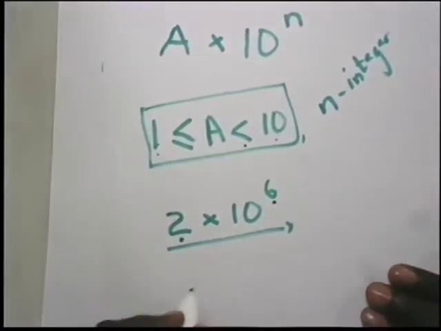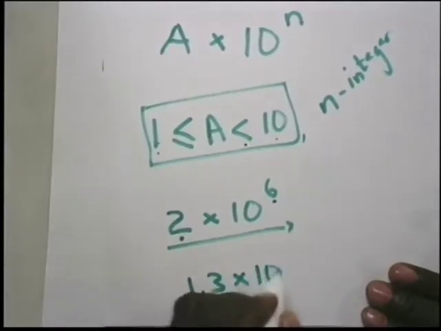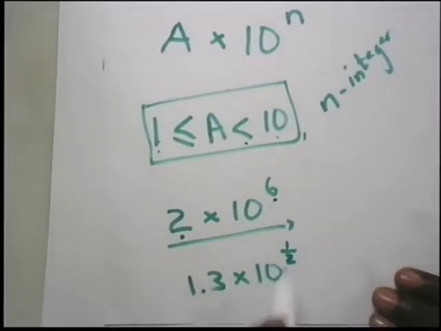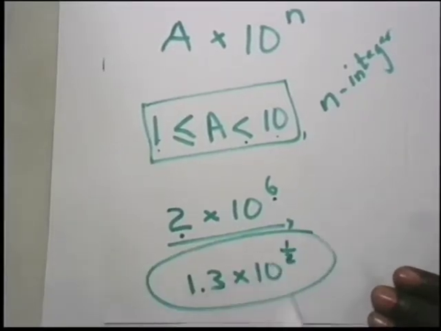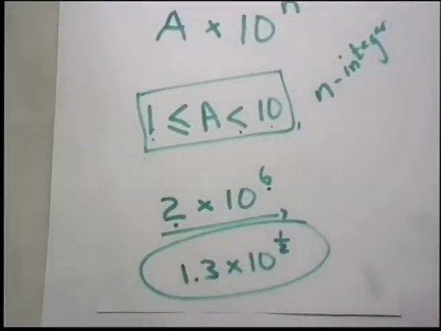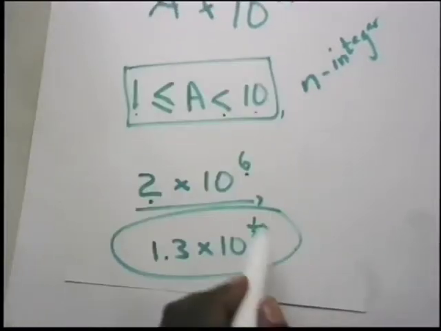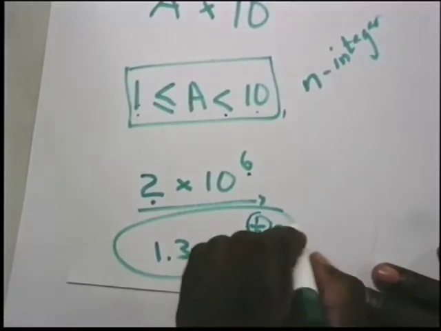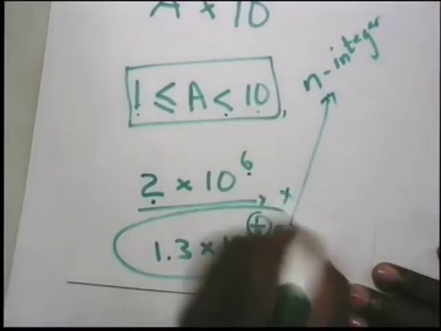If we look at, let's say, if I have 1.3 times 10 to the power of 1 over 2, this here that I just wrote is not correctly written in standard form, because this here is not an integer.